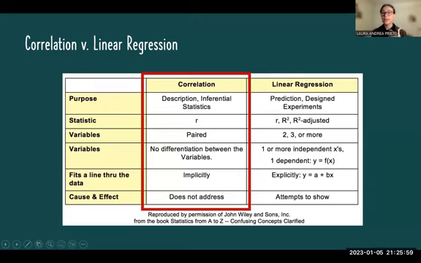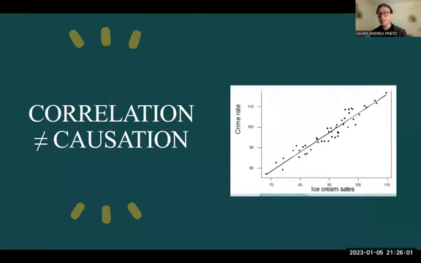So that brings us to one of the big points around correlation. Correlation does not mean causation. On the one side of this PowerPoint, I have an image of a scatter plot. The x-axis says ice cream sales, and my y-axis says crime rate. There appears to be a linear relationship, which would indicate that ice cream sales, as they go up, crime rates also go up.